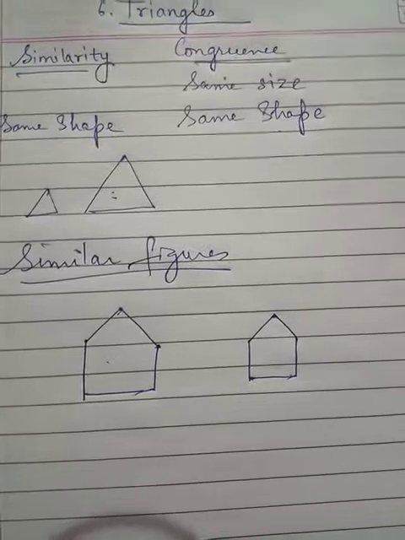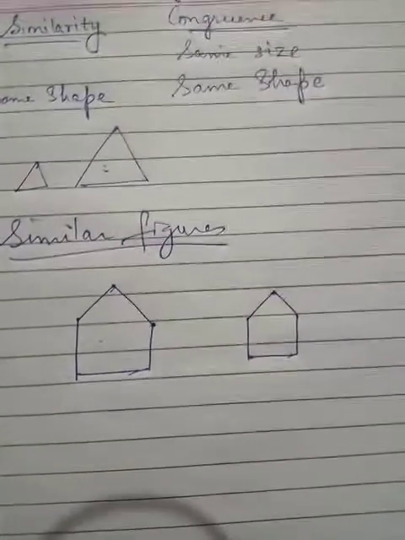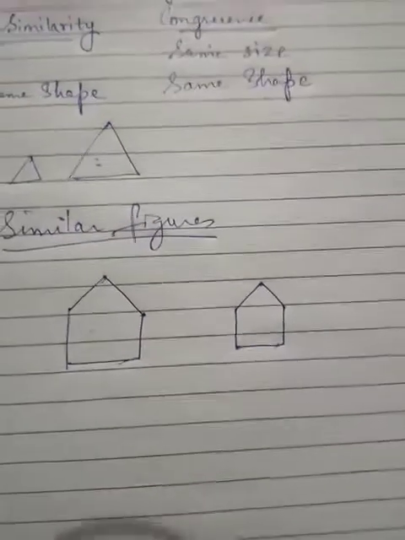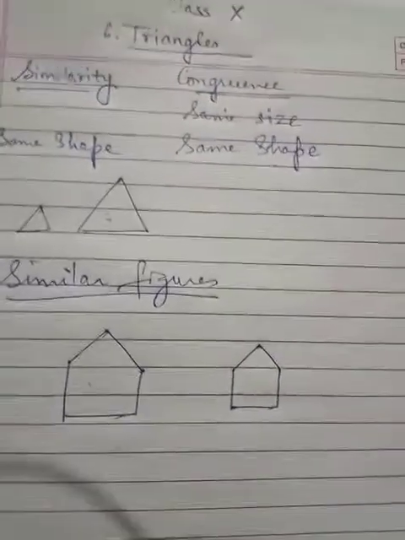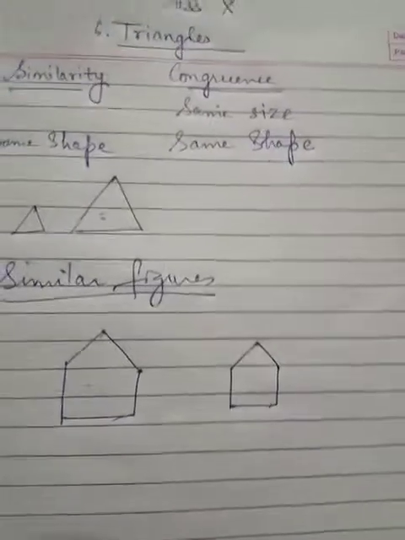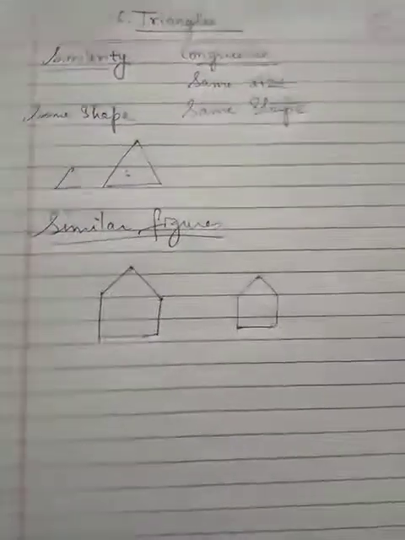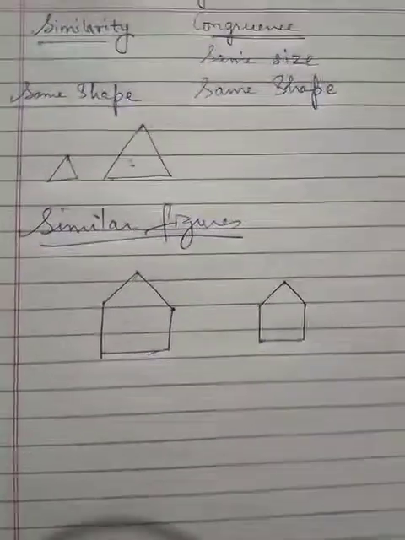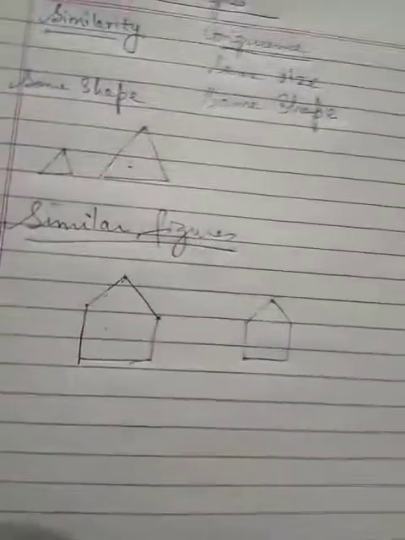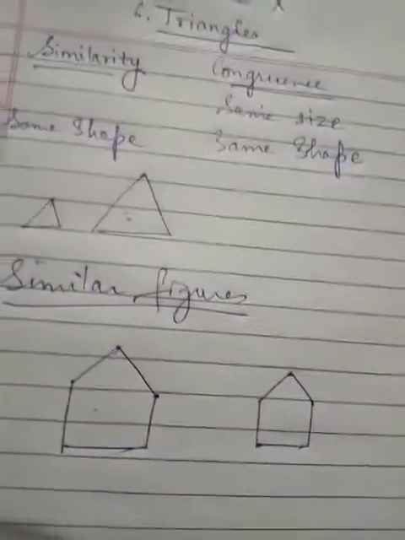So any two polygons which are having same shape, and the number of sides are also same, right? Then we can say both are similar. We'll discuss in detail. Right now we are just having an introduction.